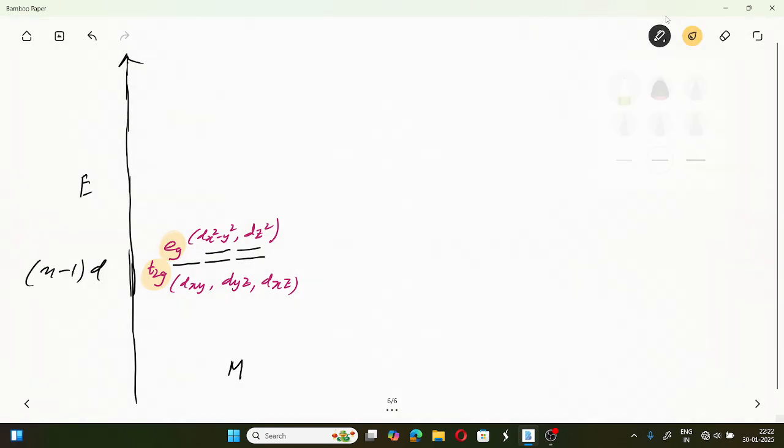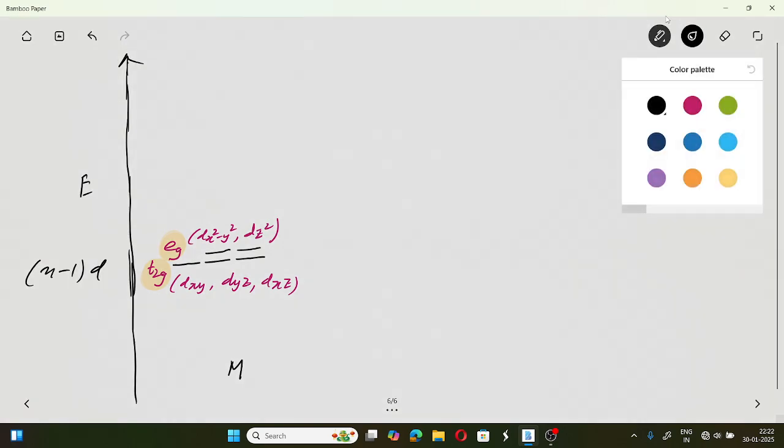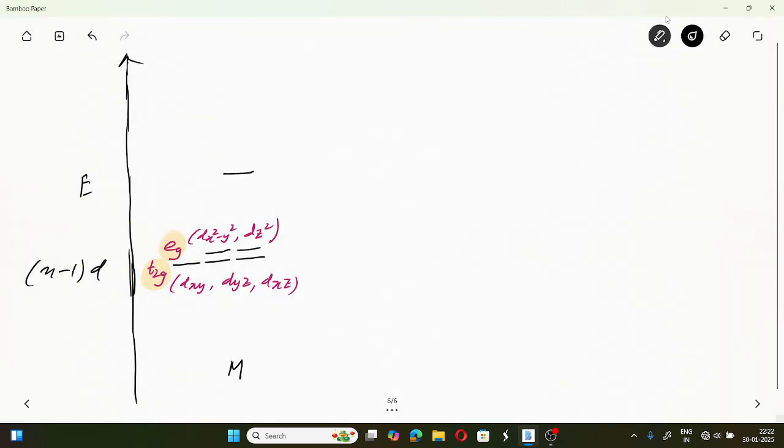Next, if you consider the next orbital, it should be NS orbital. So this is NS and it transforms to A1G. Right? So this is the NS orbital. And the next orbital, it should be NP, PX, PY, PZ, isn't it?